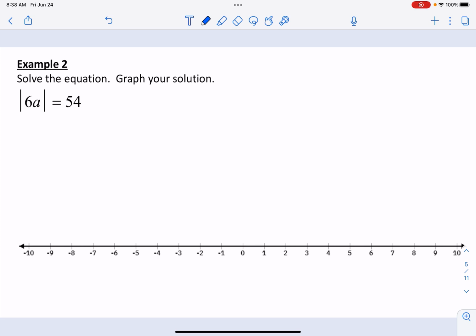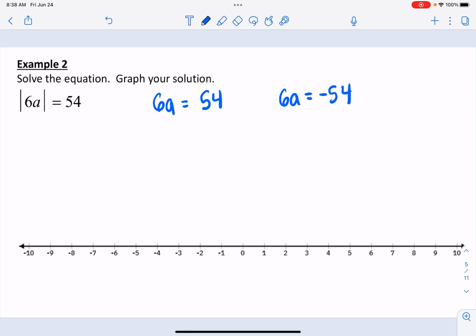First, you have to make sure that your absolute value sign is isolated. In this case, it is. So I have two equations that I'm going to set up, because I shouldn't have the absolute value symbol in there. 6a can either equal positive 54 or 6a can equal -54.